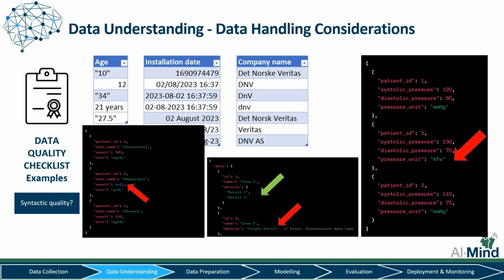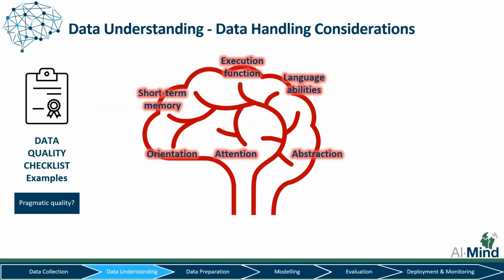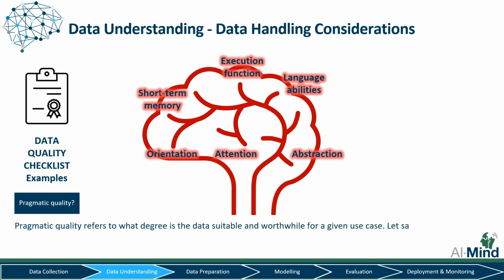Okay, I know that this can be a pretty long checklist, but the list can be longer in reality. So bear with me. Let us continue to pragmatic quality. Pragmatic quality refers to the degree to which the data is suitable and worthwhile for a given use case. Let's say the use case is assessing cognitive impairment.